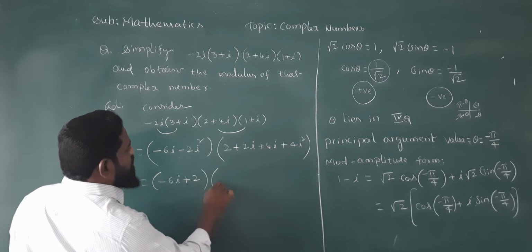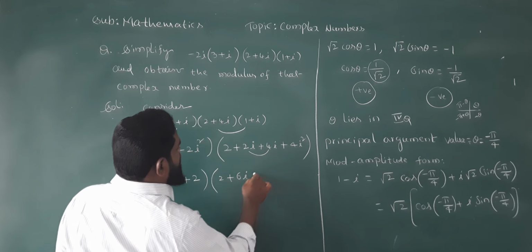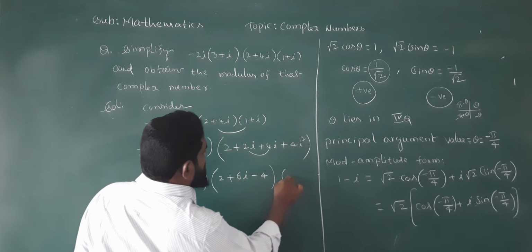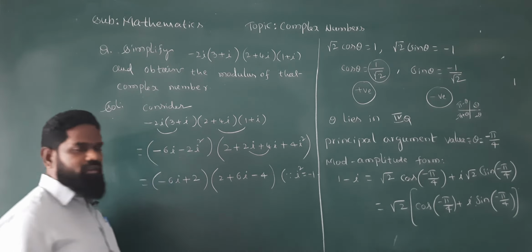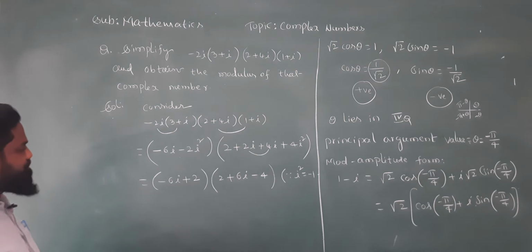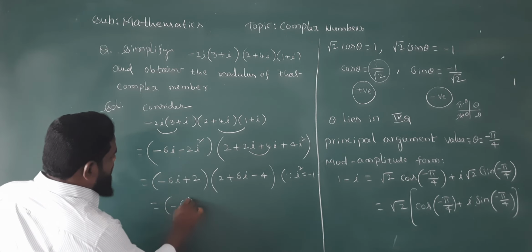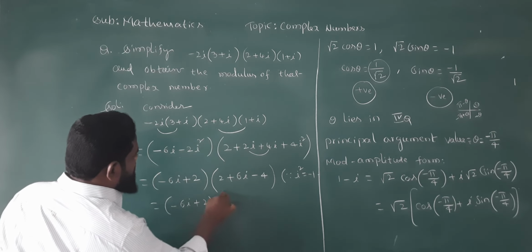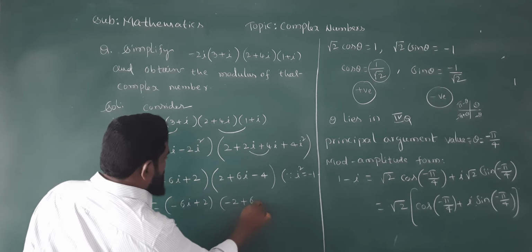Next, 2 plus 6i, 2 plus 4, minus 4, because i square is minus 1. This comes as minus 6i plus 2, and this comes as minus 2 plus 6i.